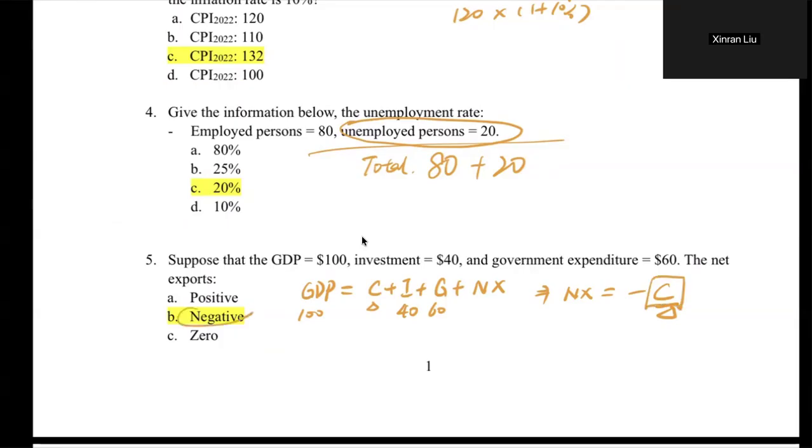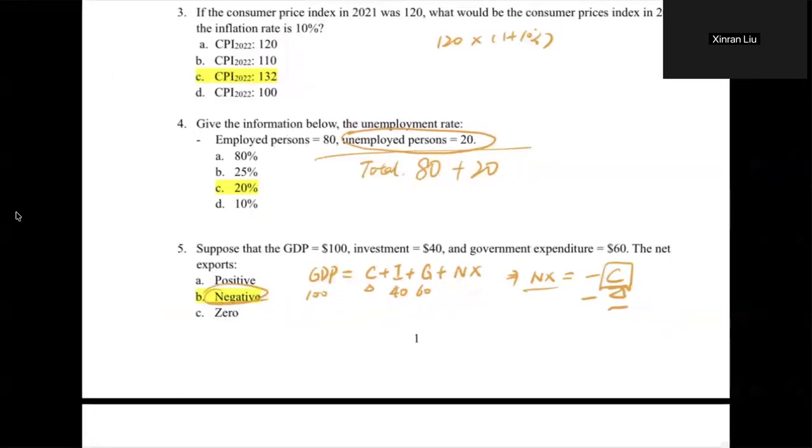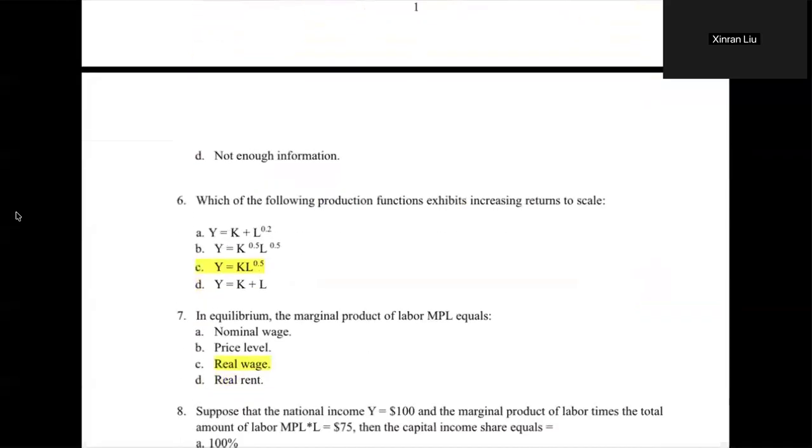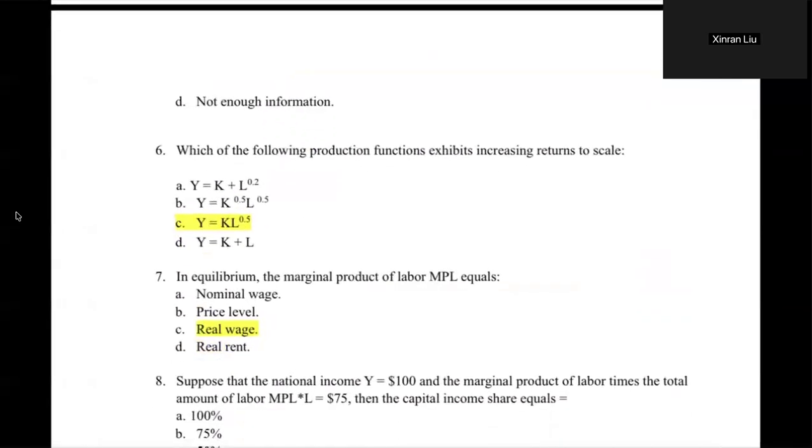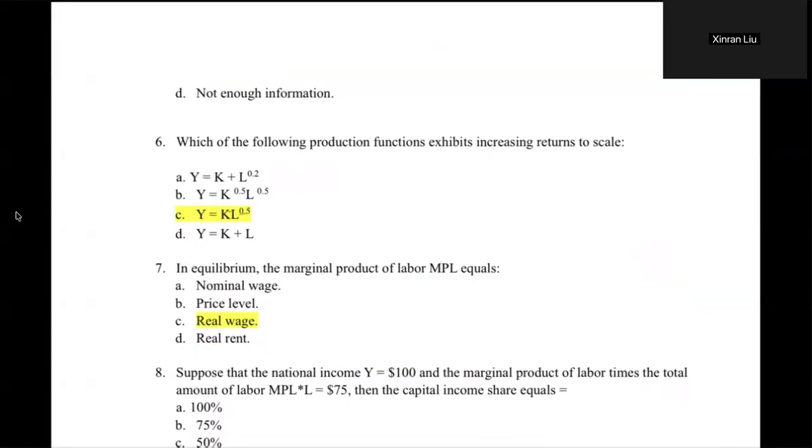So for this question, you can get that net exports is negative C, so this one would be a negative value. Okay, so this is the question that maybe most of you are pretty confused about. We do not have the assumption that C is 0.